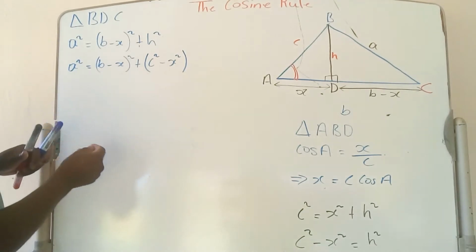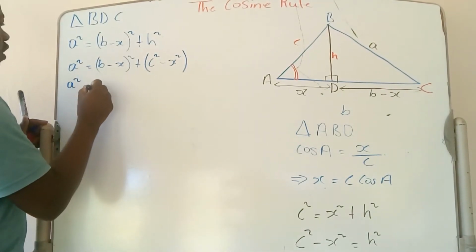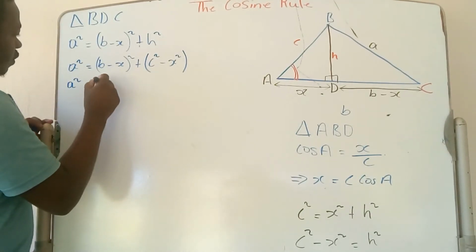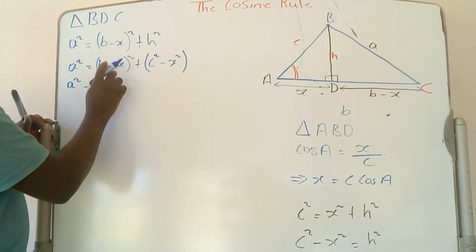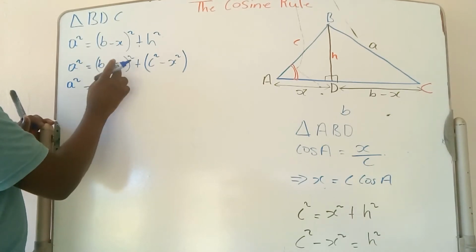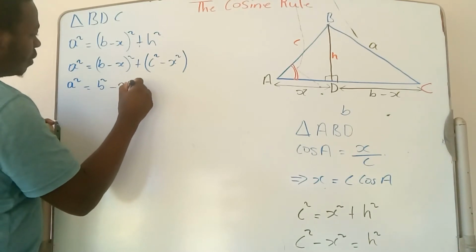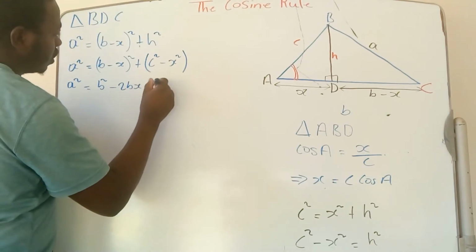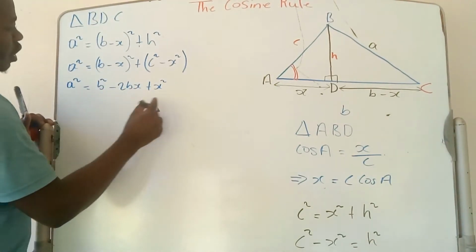So you can use your FOIL method to multiply this. So a squared is equal to, here the first term is going to be b squared. Here I have b times minus x, and it's going to be two of them. So this is going to be minus 2bx, right? And then you're going to have plus x squared. So when you expand this, that's what you're going to have here.